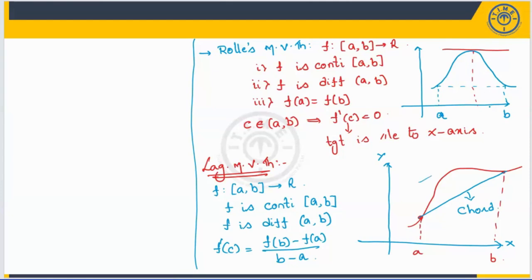Now there will be a point between A and B where the tangent is parallel to the chord joining the endpoints.